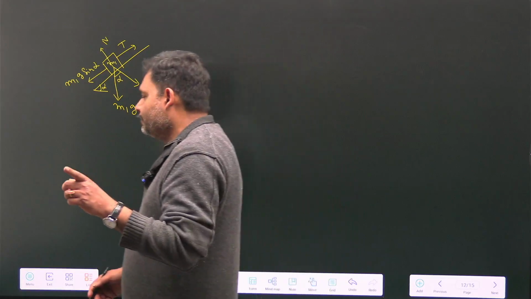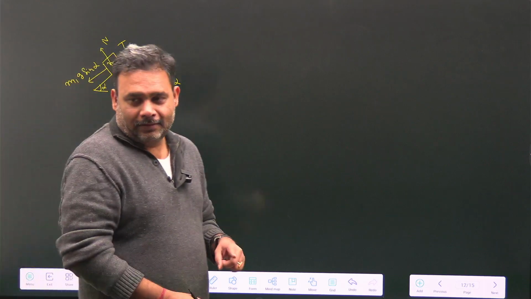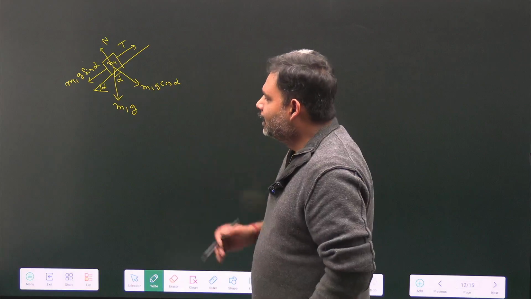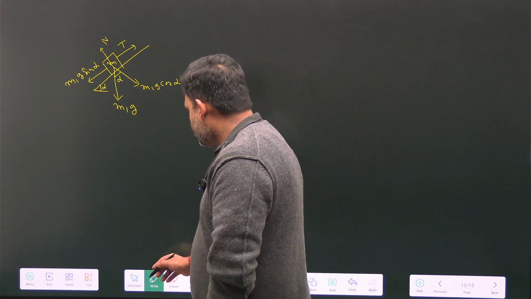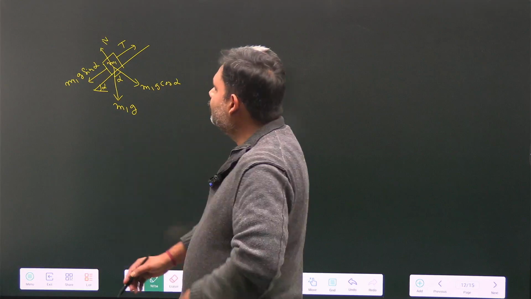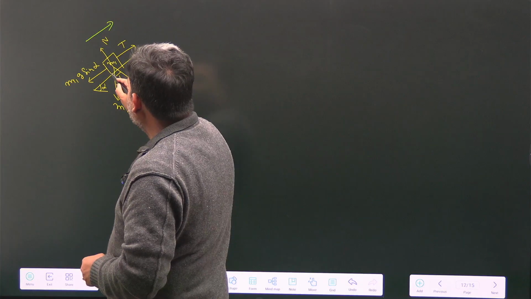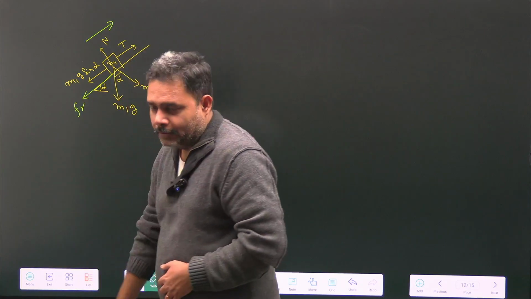So why frictional force is said to be self-adjusting force? It will adjust itself according to motion. So what will be direction of frictional force? Frictional force का direction क्या होगा? M1 will go upward. So frictional force will go downward. This is my frictional force.